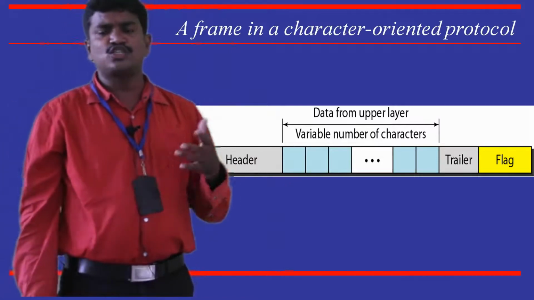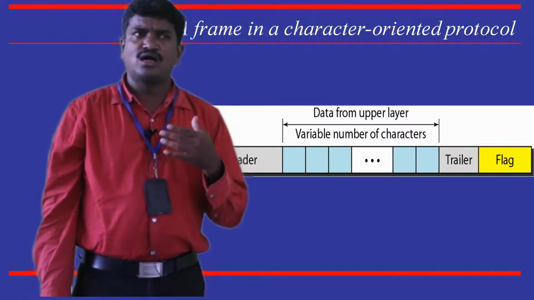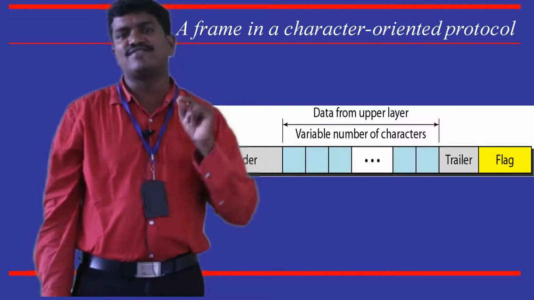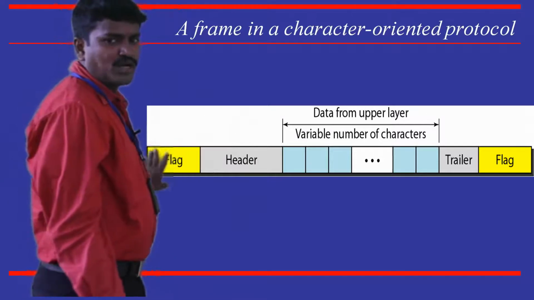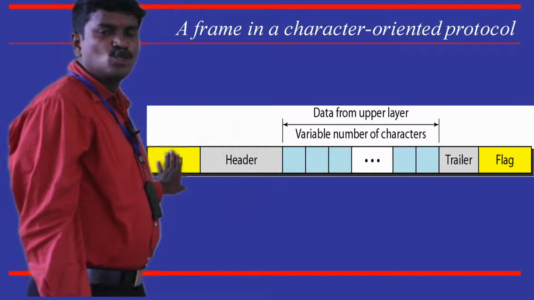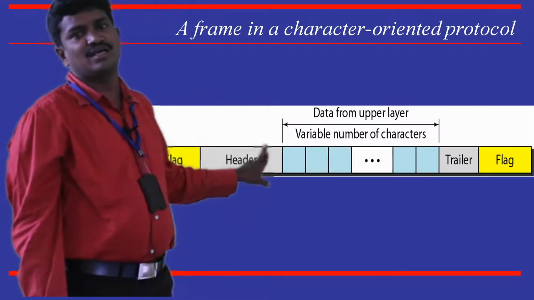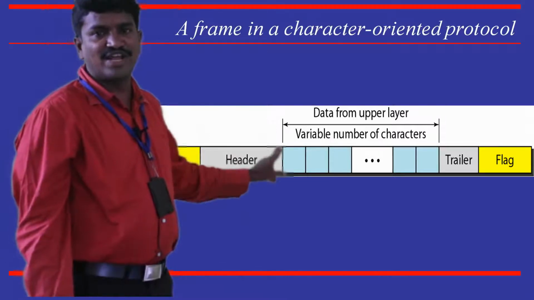So then there is no chance of this flag appearing in the middle of the data. I repeat again: this flag is selected in such a way that it should not be repeated as part of the frame content.